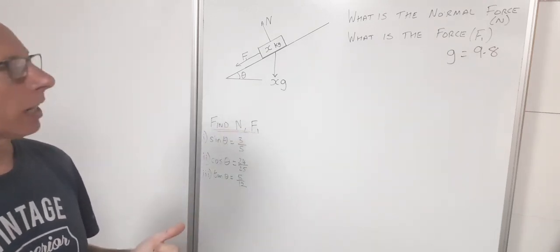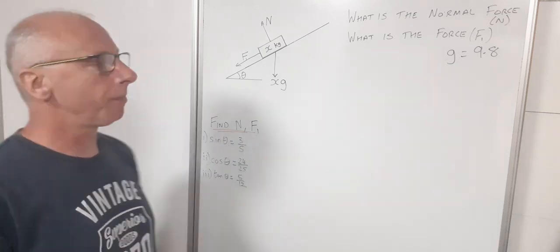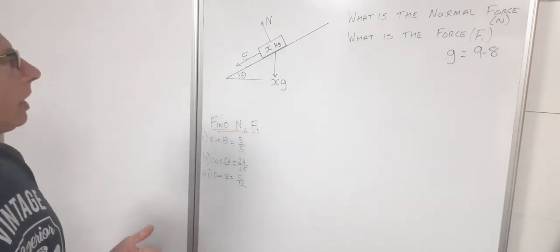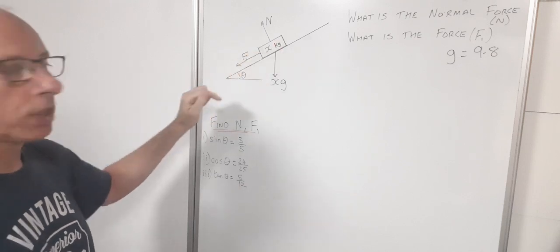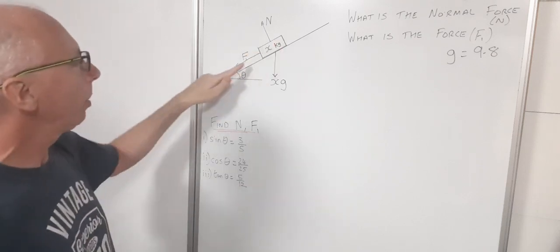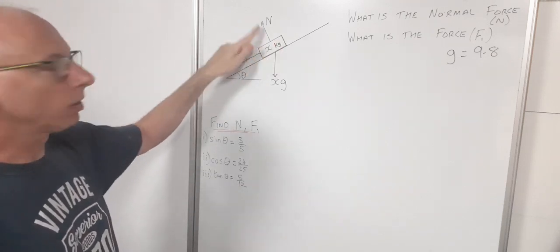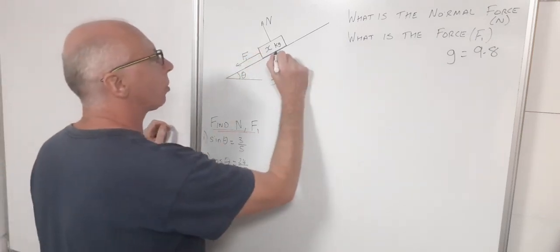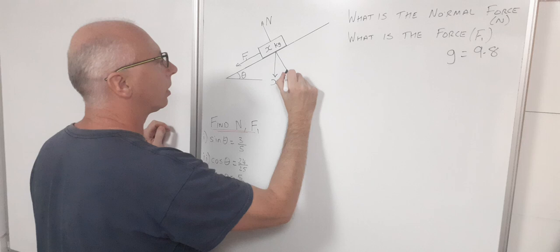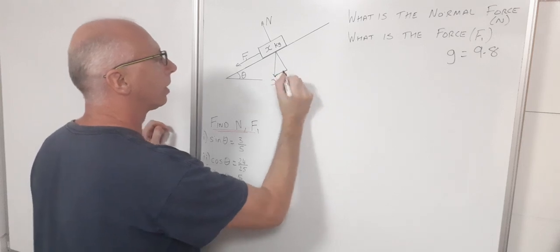So we want to calculate what's the normal force and F1. What we need to do is draw our forces acting perpendicular and parallel to both of these lines, so we draw a little triangle along here.